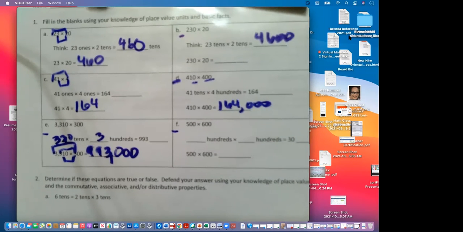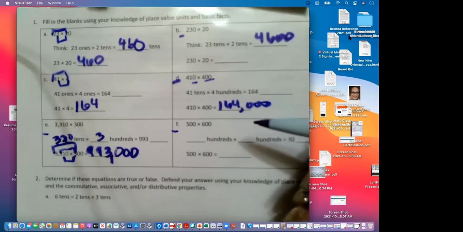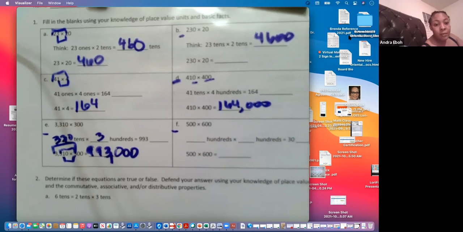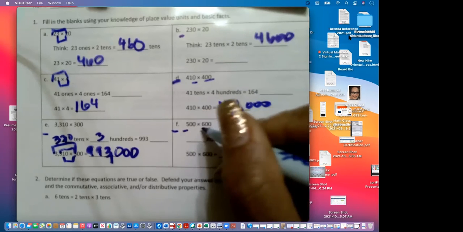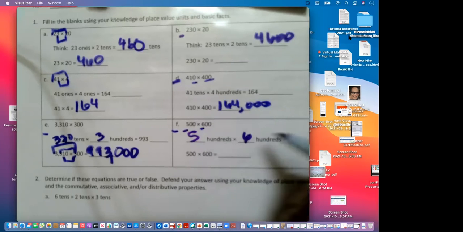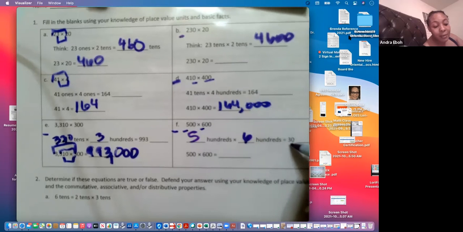You looked at the zeros first and then you just multiplied the basic facts. What about this one? Andrea, try this one for me. 500 times 600. What's 5 times 6? It's 30.